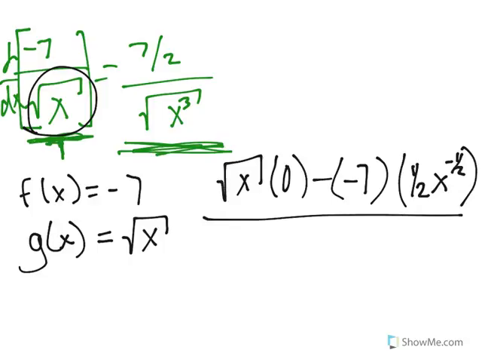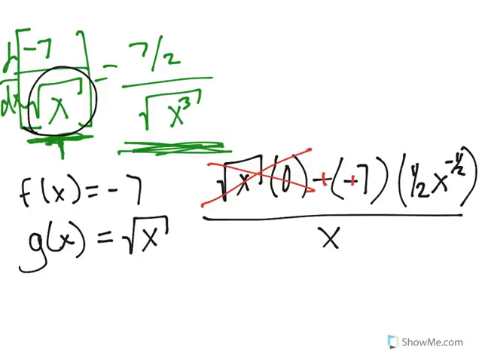And then over that, well, we know that the square root of x squared is just x. And so we can just make this prettier, and we don't really need this first term. Negative times negative just becomes positive.